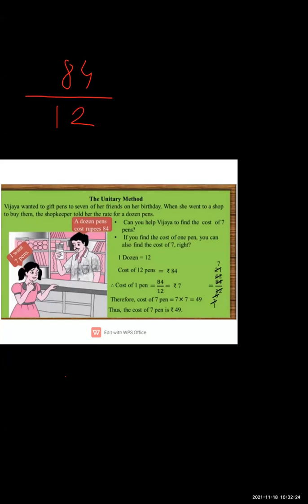How? See, this number is going in the 2 table, so we will write 2 6s are 12. 2 4s are 8. 4 is remaining. That will also be divisible by 2. 2 2s are 4. Again, it will divide by 2.